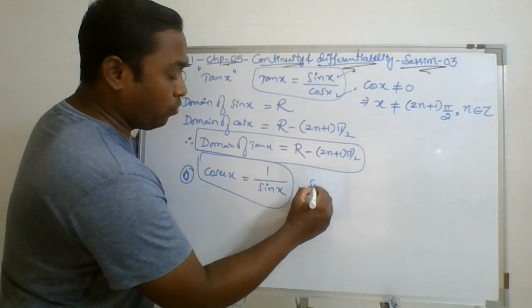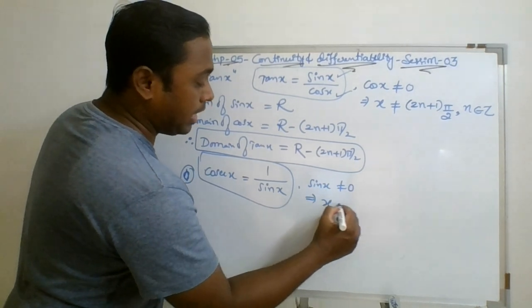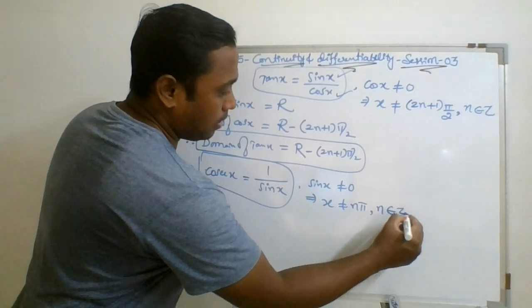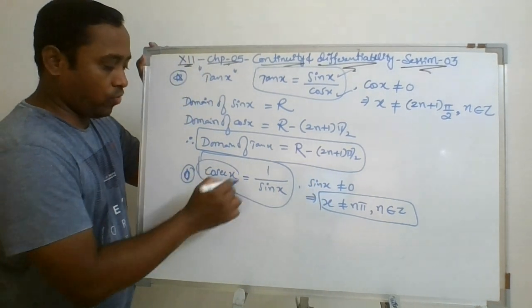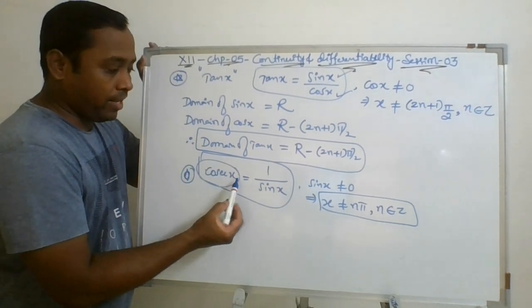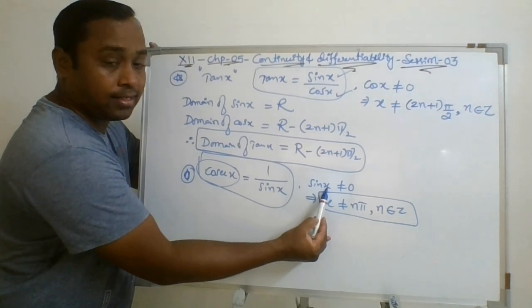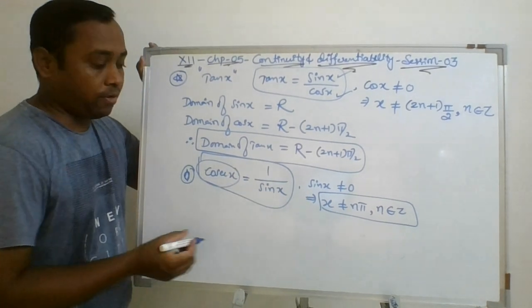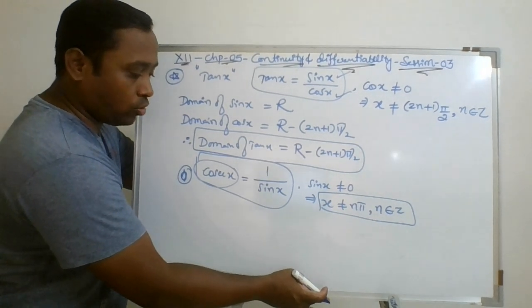Hence, the domain would be what? Sin x cannot be 0. It implies that x cannot be n pi, where n belongs to Z. So this is the domain of the cosec x function, because wherever x is 0 degrees, 180 degrees or 360 degrees, the sin x value is 0 and 1 by 0 is not defined. Hence, we cannot check the continuity at those points.